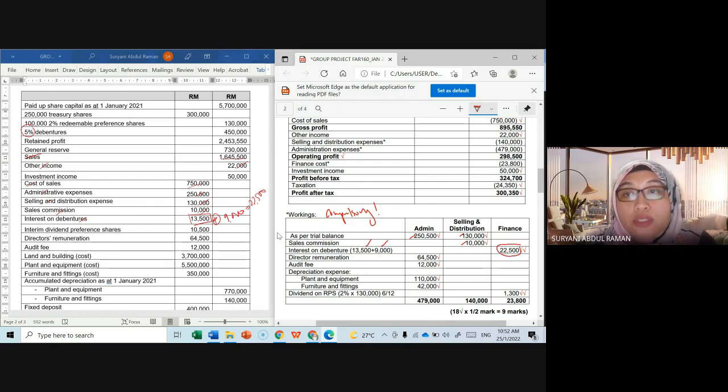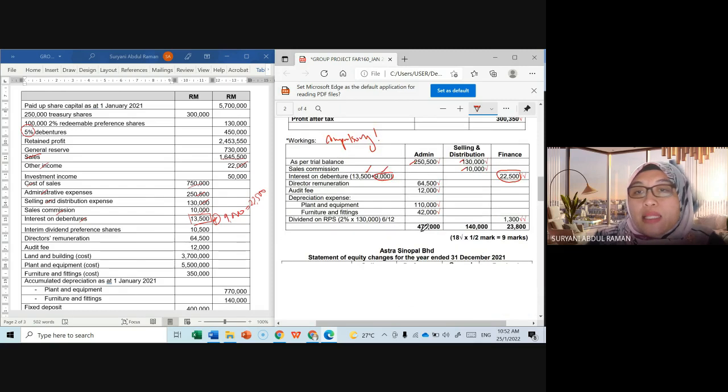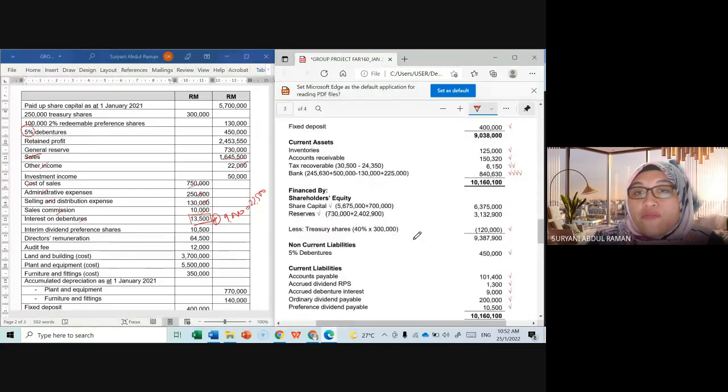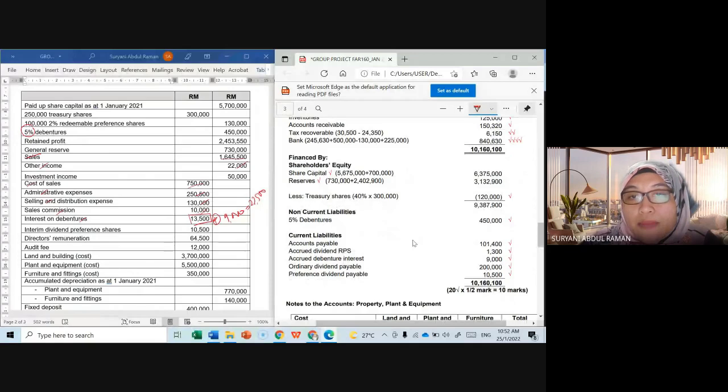This is the accrual concept. The 9,000 which is unpaid, remember its double entry, we will record in the statement of financial position under current liability. We call it accrued interest on debenture. Because it is unpaid, but it is incurred during the year.